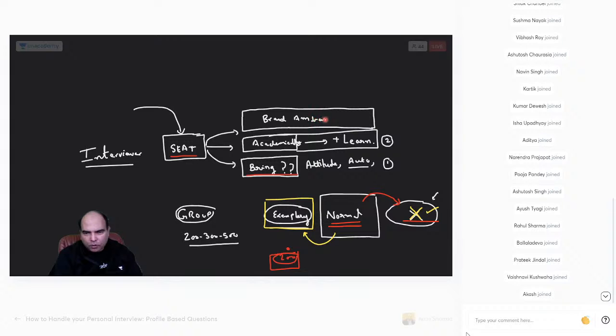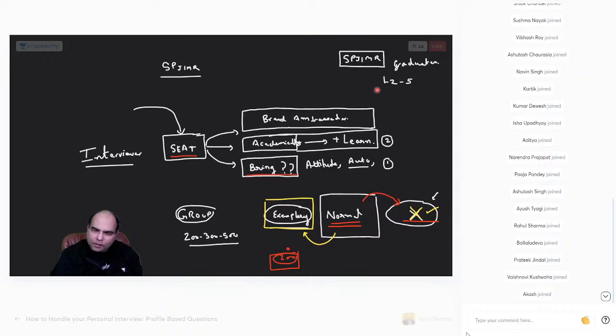Because a normal person, let's say I'm the interviewer at SP Jain, let's say your neighbor, the uncle who lives in your neighborhood, how many SP Jain graduates does he know in life? A normal professional working person, how many SP Jain graduates will he come across in his life? Maybe 1, 2, 5, unless he's specifically from the management field.